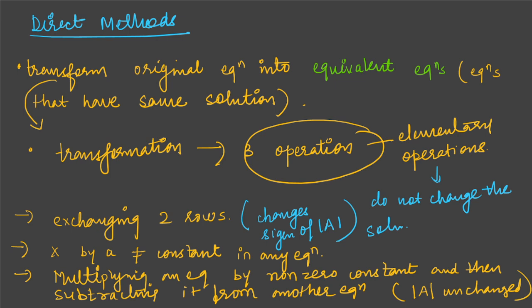Okay, these are a few things about the direct method. Now, let's also talk about iterative methods. What are the iterative methods? The basic difference is that the direct method converts our original equations into equivalent equations.